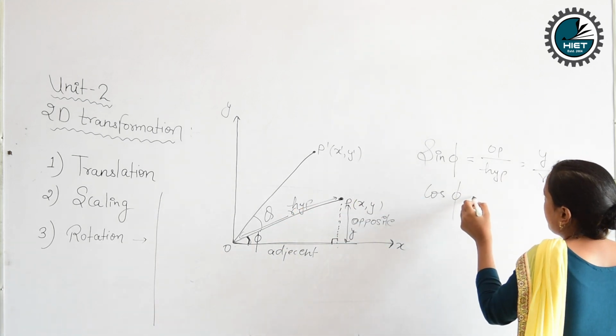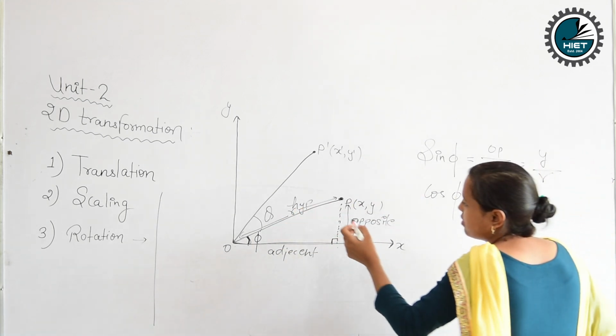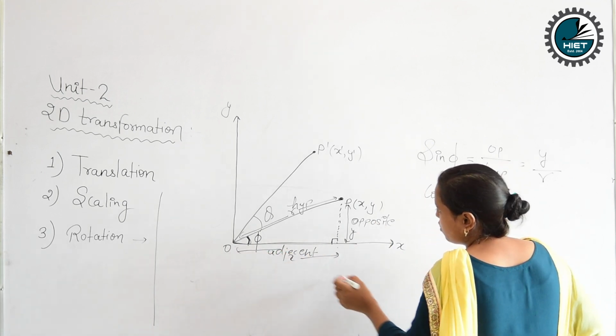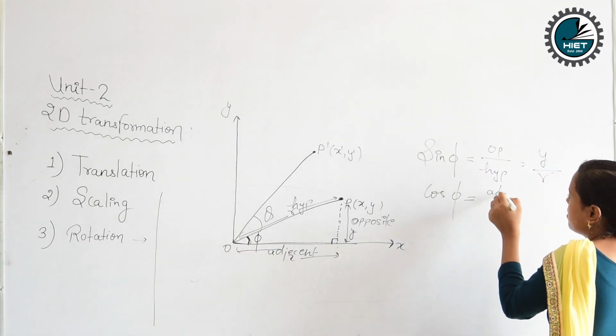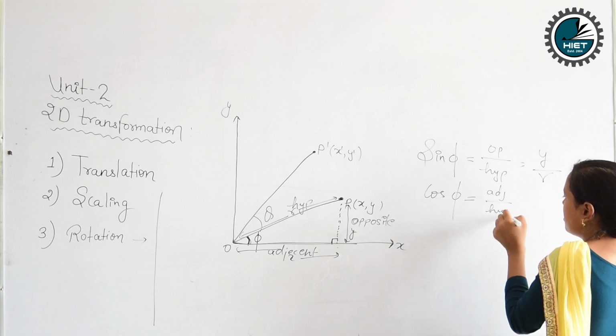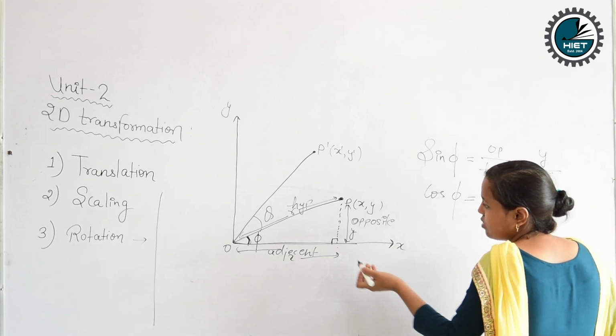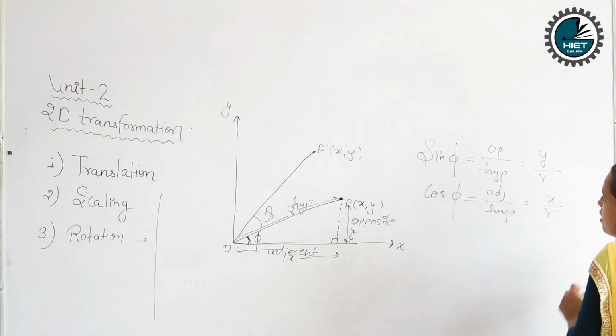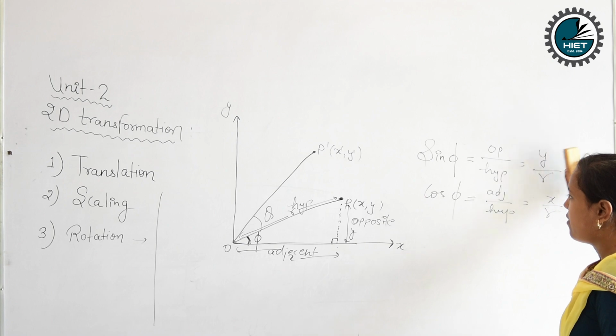As for cos phi, it is adjacent upon hypotenuse, and the adjacent is the distance along the x-axis, so it is x upon r. We are calculating the old coordinate x comma y.